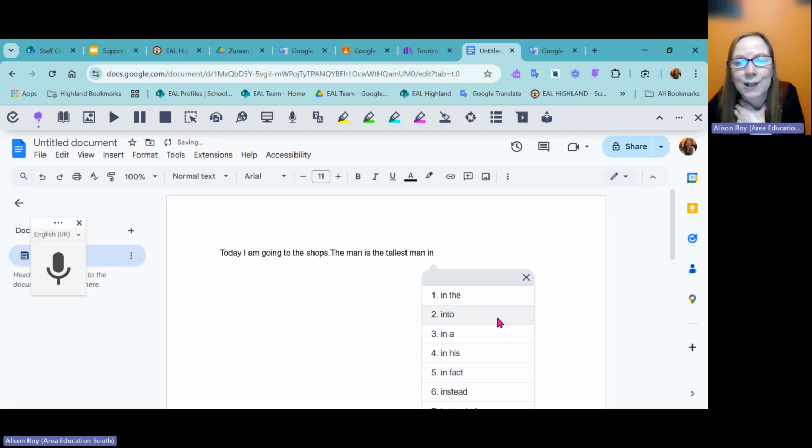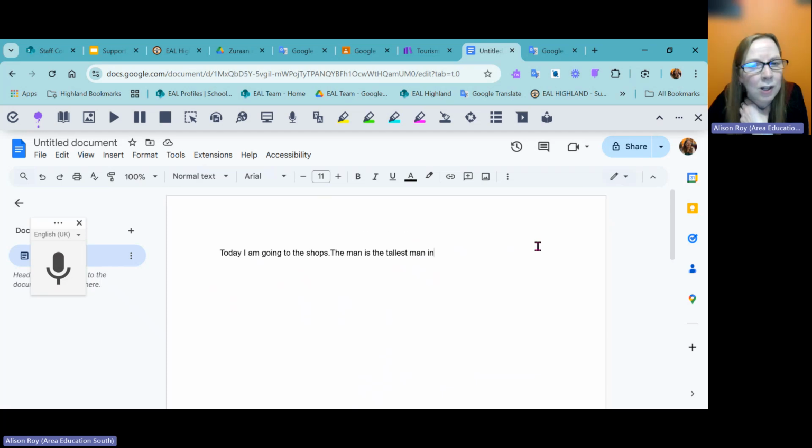As you can see, words will come up. You can set it for the amount of options that come up. I think this one's set to 10, but you can make it smaller. You can also set it to read as you type, so it reads it back to the student. So you've got the speech to text, and you've also got the predictive text.